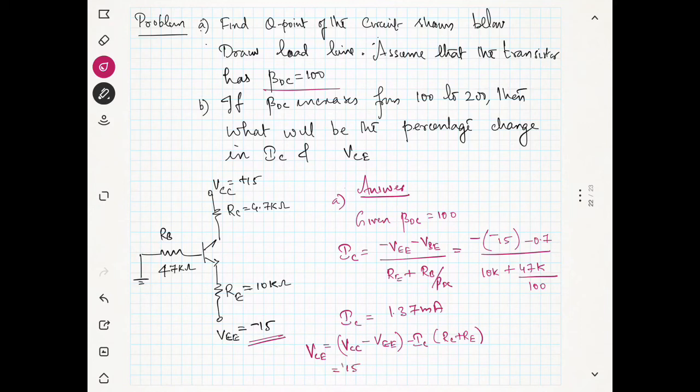It is plus 15 minus VEE, which is given as minus 15, okay, minus IC, which you have already found, 1.37 milliampere, into RC is 4.7 kilo plus 10 kilo. So you will be getting the answer VCE as 9.83 volt.